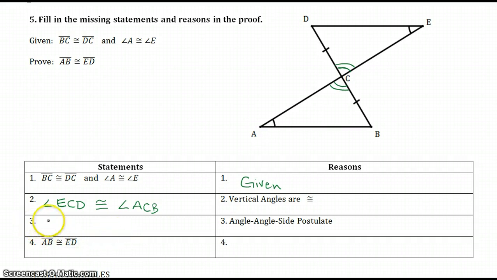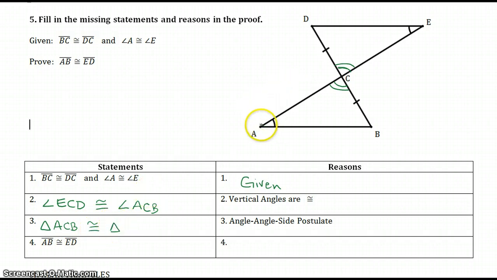Now number 3 is, what would we say is our statement if the reason is the angle-side postulate? So I'm going to go angle-side, angle-side. So what does an angle-side postulate tell us? It tells us that two triangles are congruent. So we can say that triangle ACB is congruent to triangle.